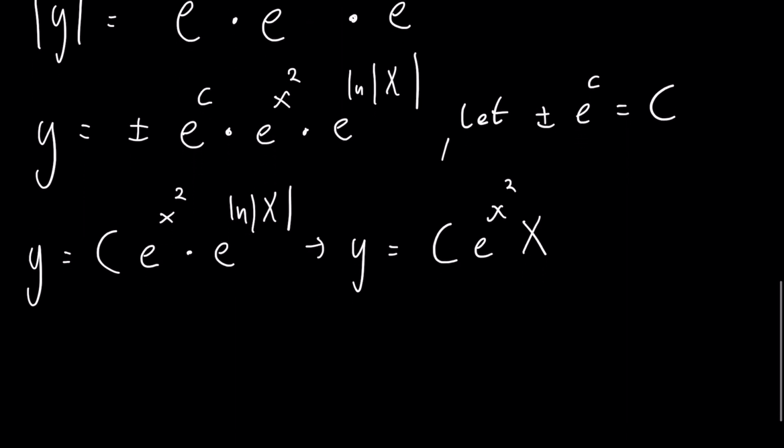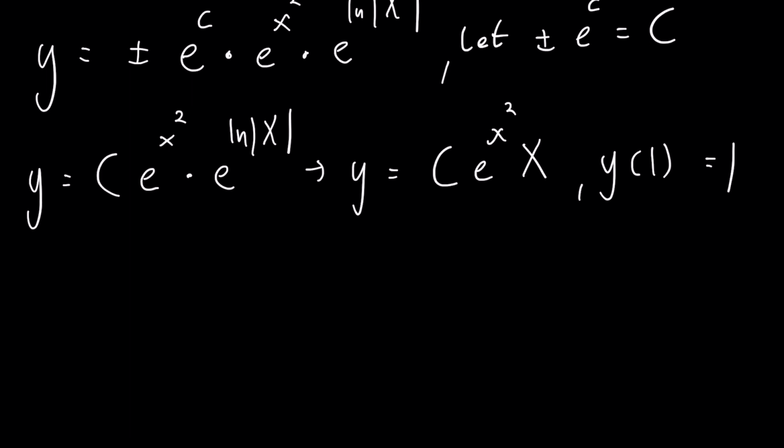So we solved for y, but we said our initial condition was y evaluated at 1 is equal to 1. So we can rewrite this as y of x is c x e raised to the x squared power. But our goal is y of 1.